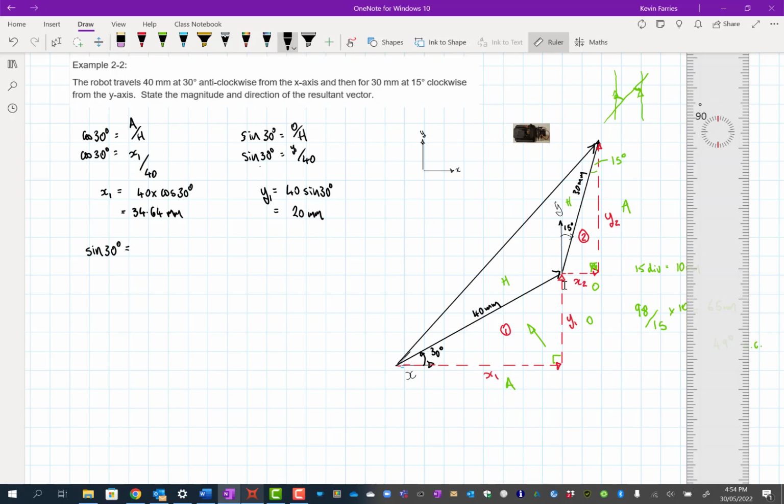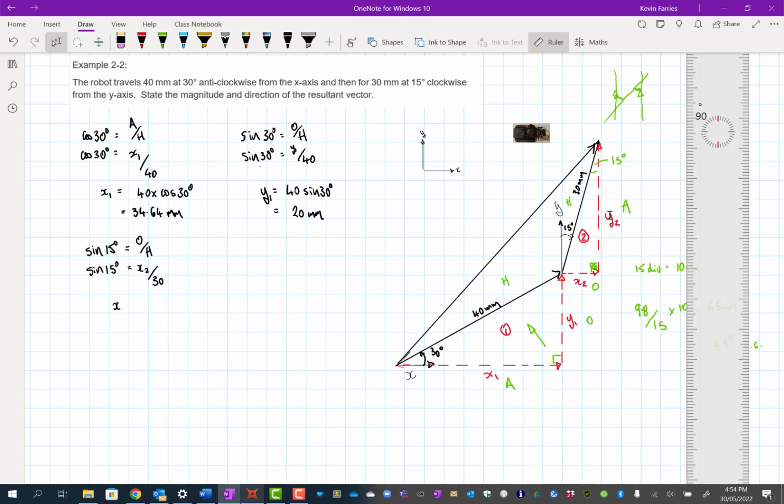So sine is opposite over hypotenuse, so soh. Where did I get 30 from? Sorry. So sine 15 degrees, it's this angle here. So sine 15 degrees is opposite over hypotenuse. Sine 15 degrees is x2 over 30.